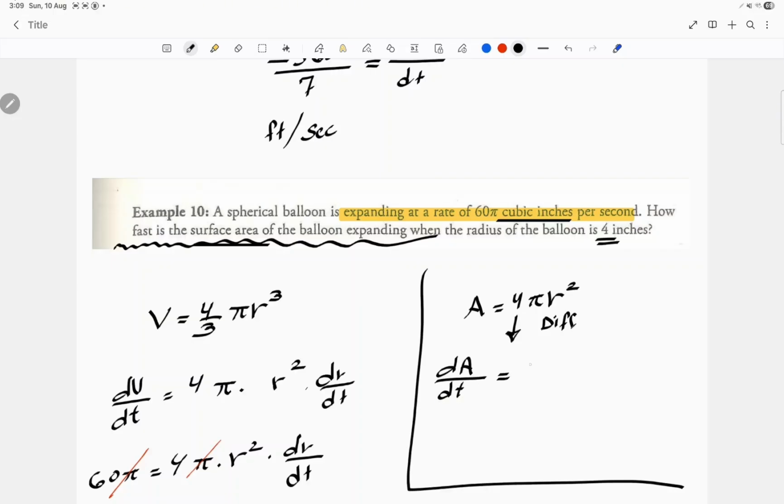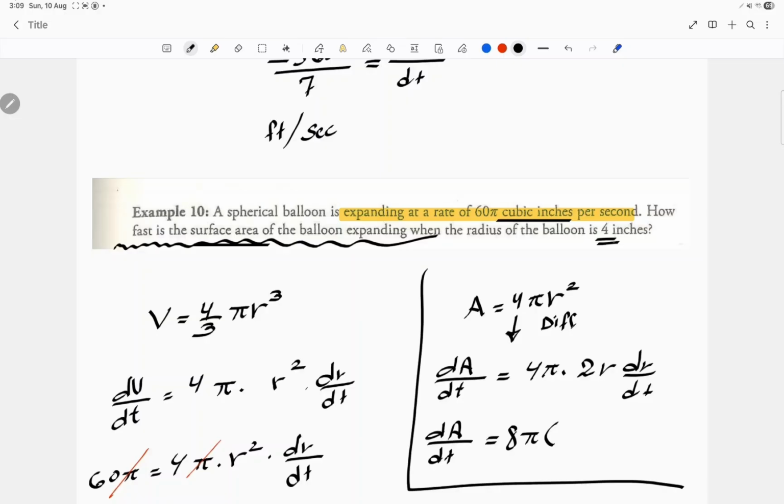Oh god. 4 pi 2r dr over dt. Now, d over dt is how fast the surface area is expanding. 8 pi.